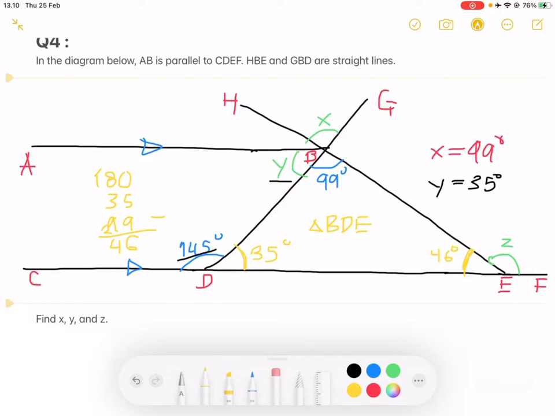And by the sum of all angles in a straight line, we know that Z plus 46 degrees must be equal to 180 degrees. That leaves us Z must be equal to 134 degrees. And that's the fourth question.